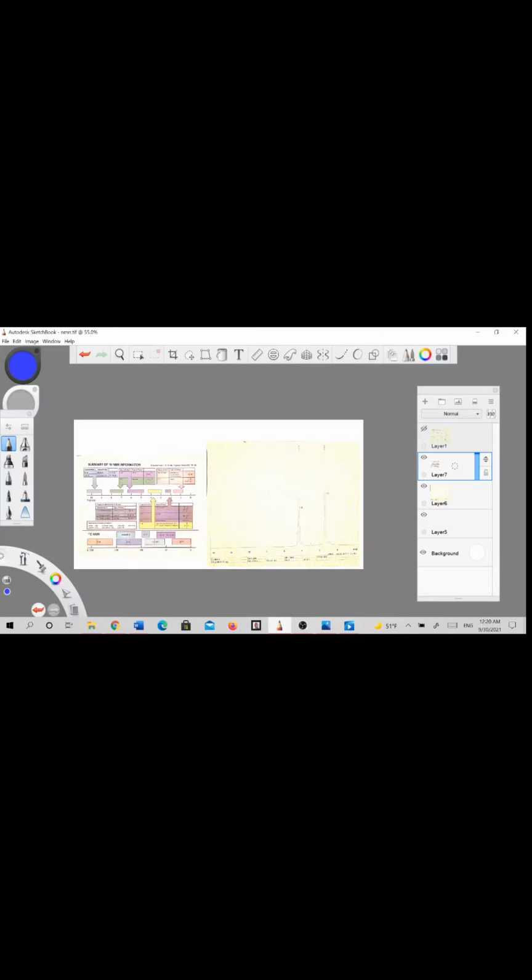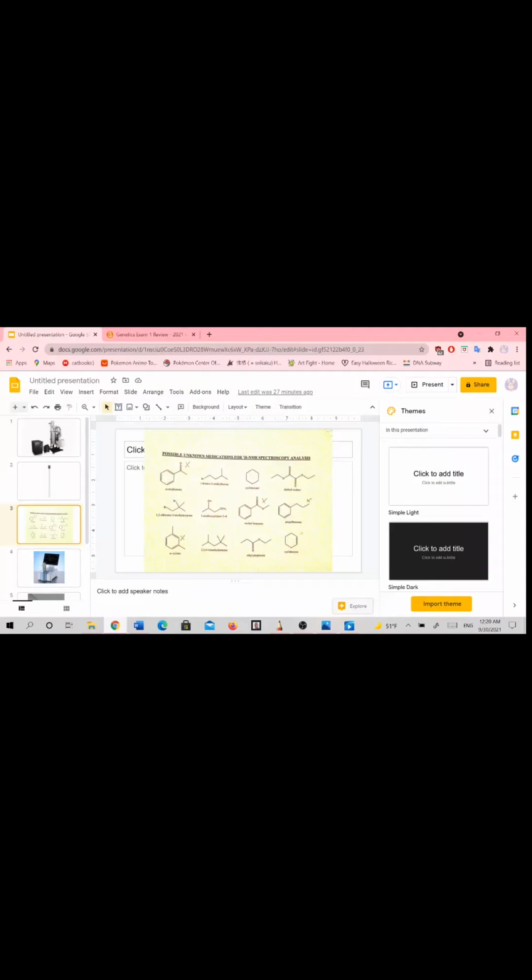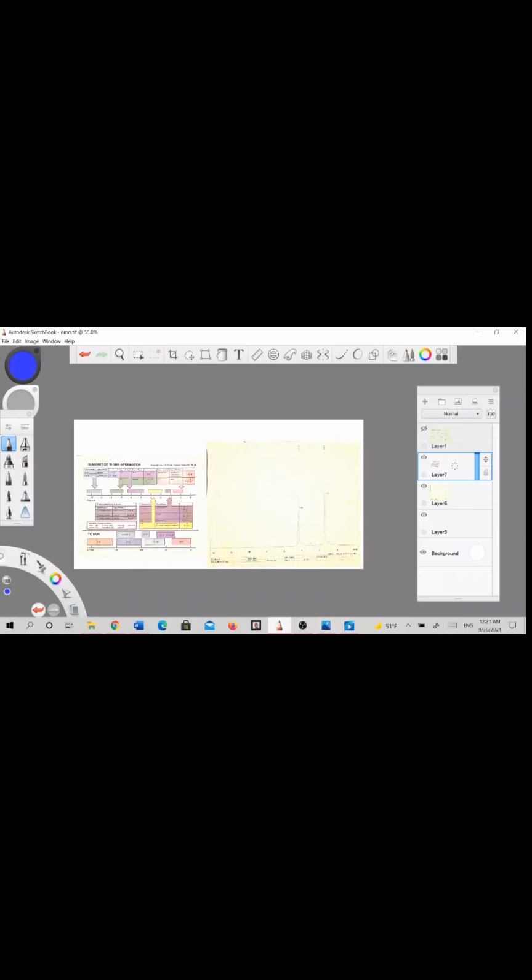Alright, so let's look at our NMR spectroscopy graph here. We are going to make another conclusion by looking at our mystery compound and seeing if it's any of the following. Let's start with the integration.